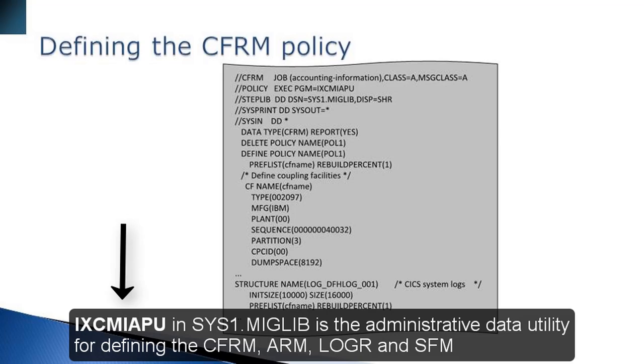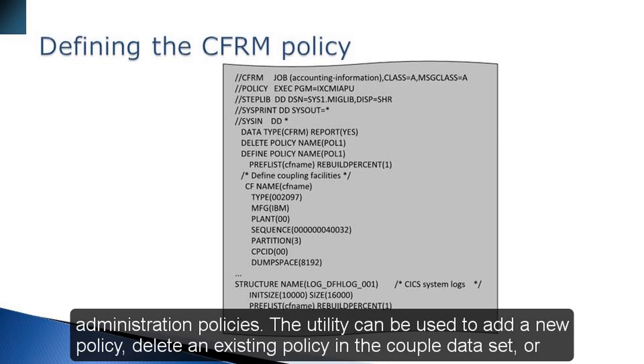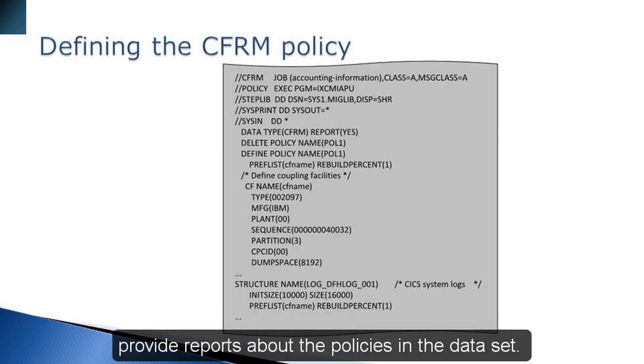Is the administrative data utility for defining the CFRM, ARM, LogR, and CFM administration policies. The utility can be used to add a new policy, delete an existing policy in a couple dataset, or provide reports about the policies in the dataset.